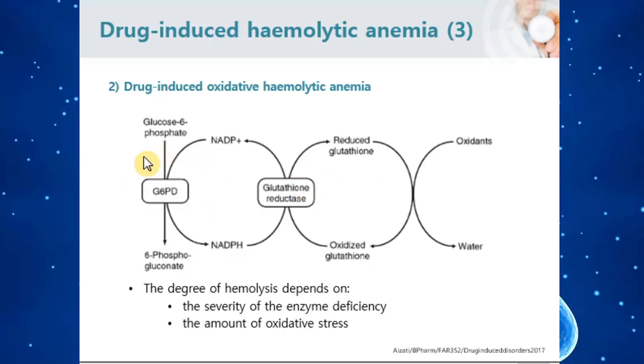So if the patient does not have this enzyme, whenever they are exposed to food or drugs that might cause oxidation, they are prone to the effect of oxidative stress, and mainly it will affect the RBC, causing the destruction of RBC.